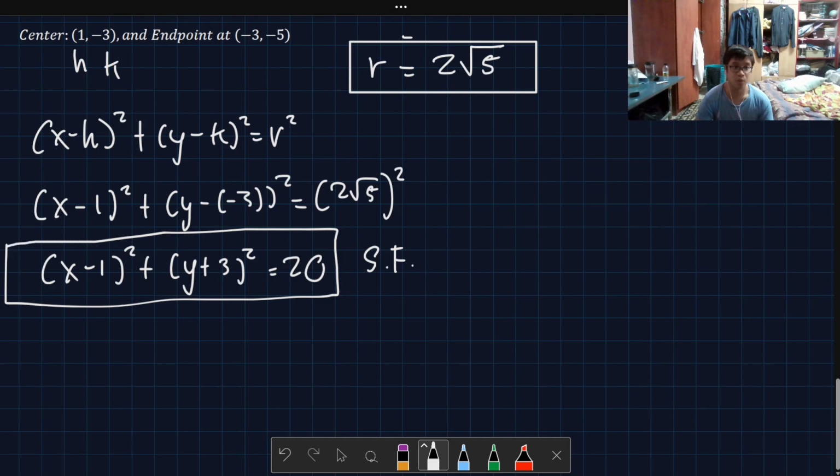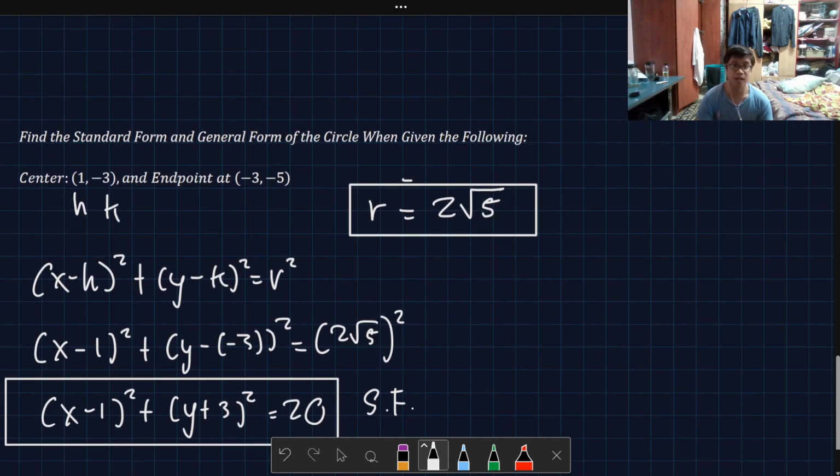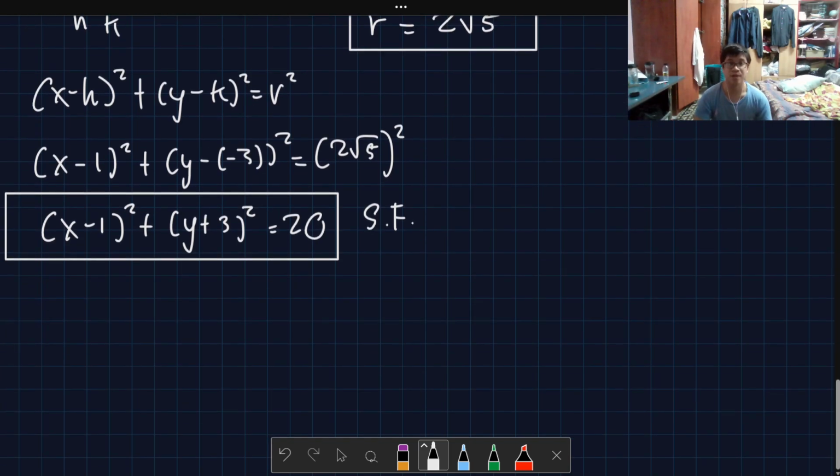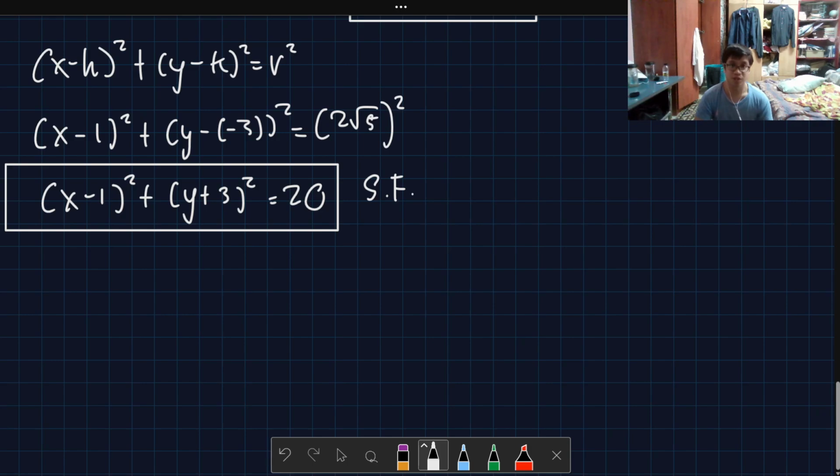Now, what are we going to do next? Next is to find the general form. The first step, given that you have a standard form, is that you have to expand them. So I'll go direct to the point here.